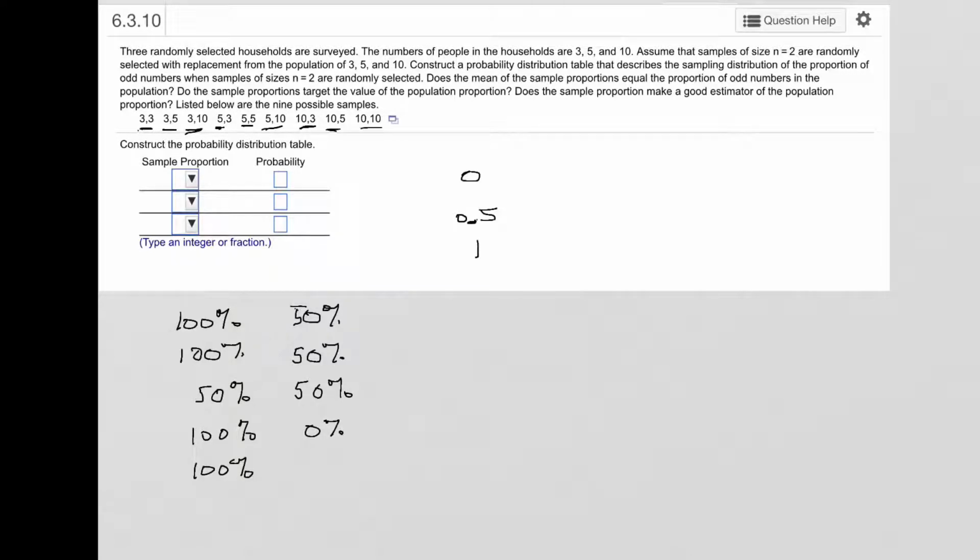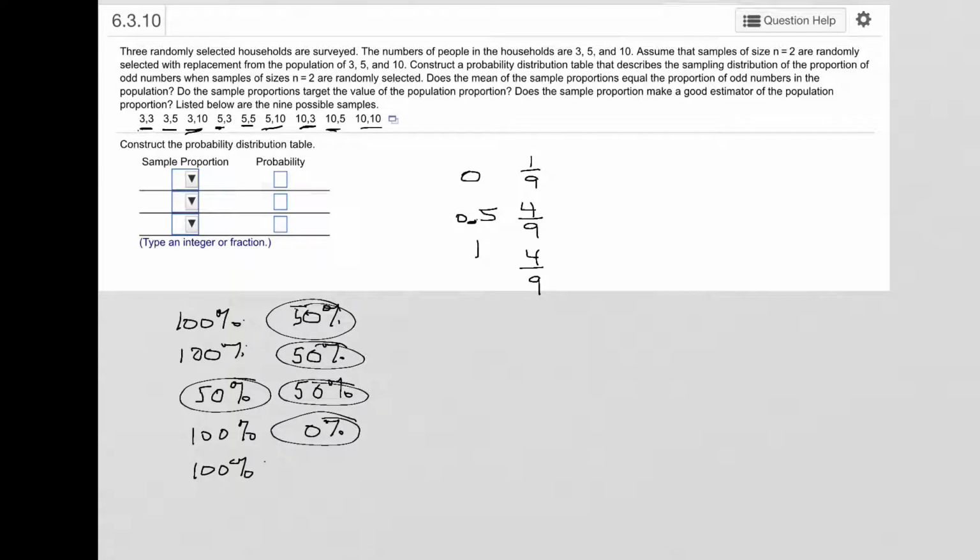Well, there's 9 values, so since the 0 only shows up one time, that's going to be 1 over 9. 50% shows up 1, 2, 3, 4 times, so that's 4 over 9. And then the 100%, there's 4 of those, so that is also 4 over 9. So that's my probability distribution table.